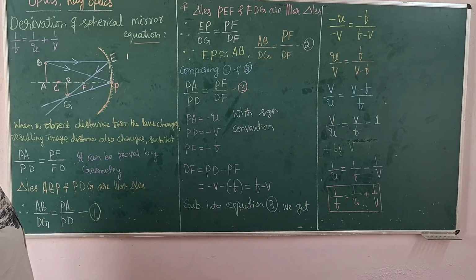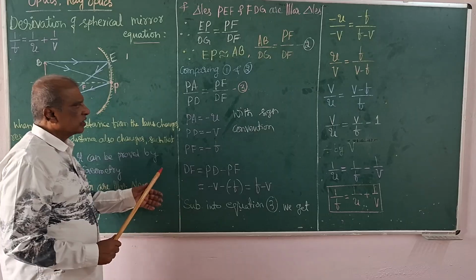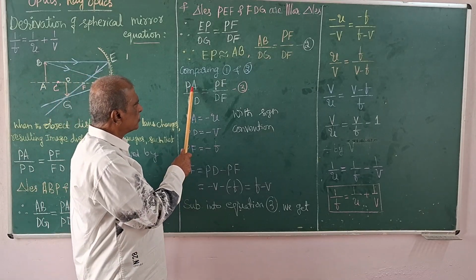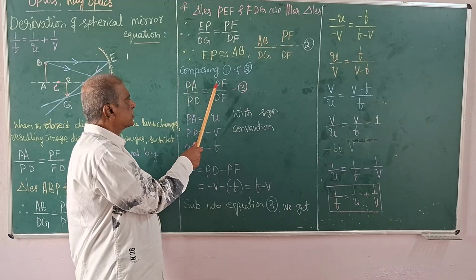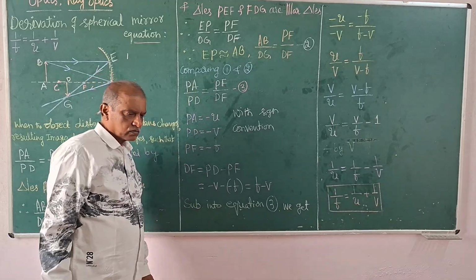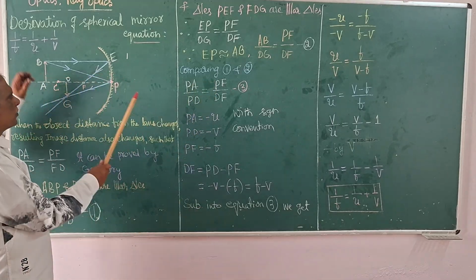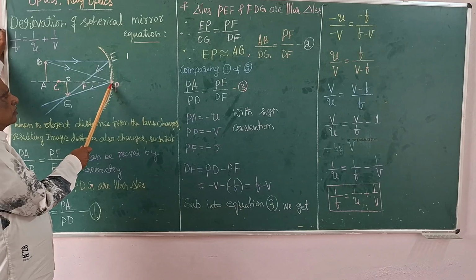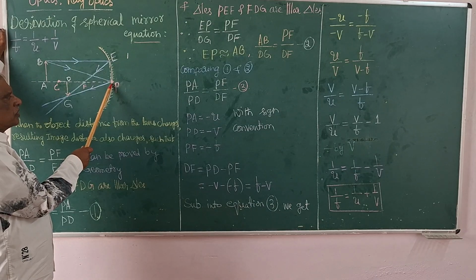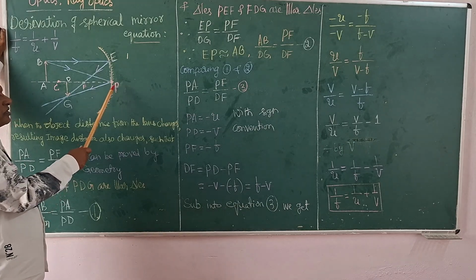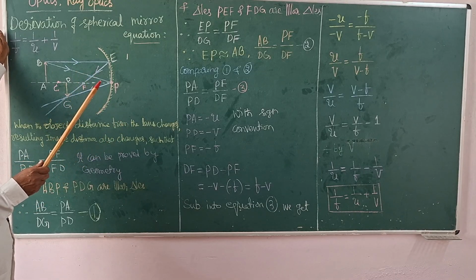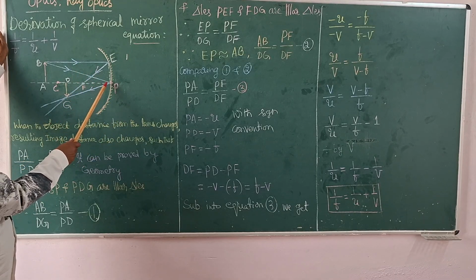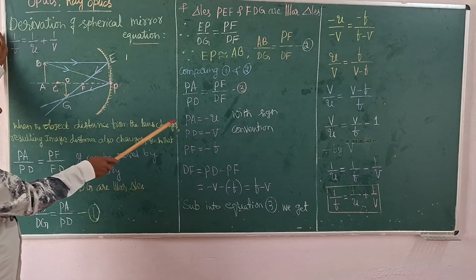So with this equation, finally, the last step is just a substitution for these distances. And you know the distances you are measuring, all from the point P, using sign convention. As you know, sign convention means if you measure any distance from the point P in the direction opposite to the incident ray, it takes a negative sign.